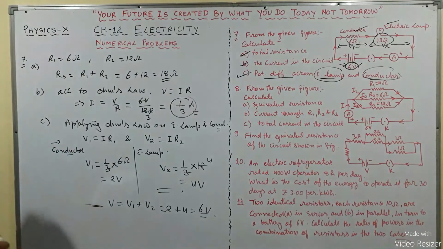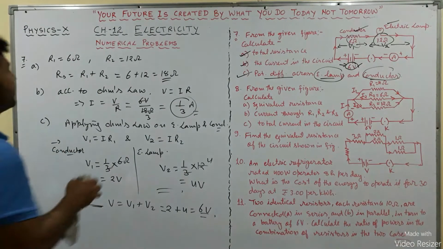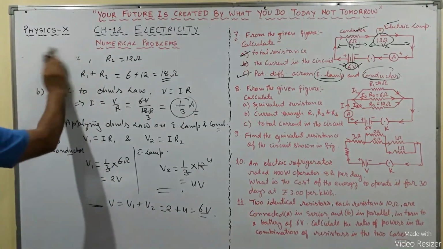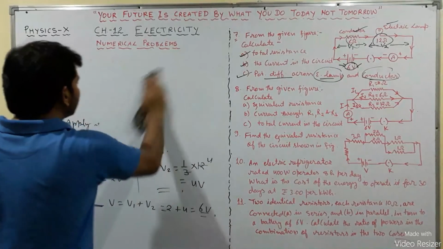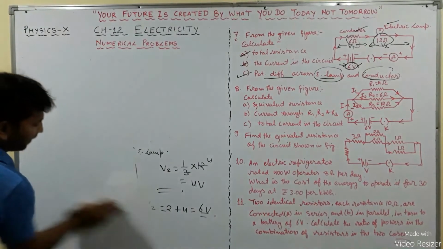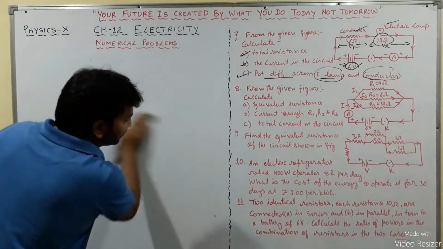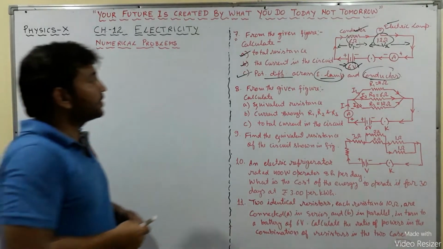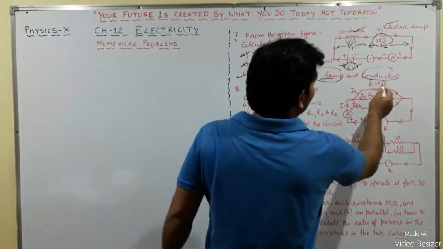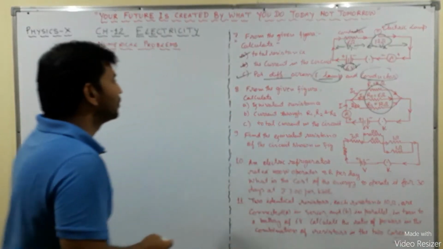Okay. Let us move on to question number 8. What is there in the question number 8? One figure is given, and in the figure we have provided 3 resistors which are connected parallel to each other.